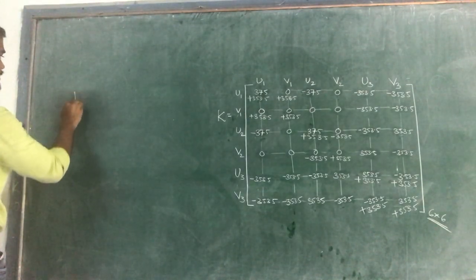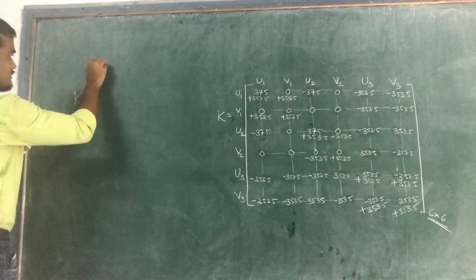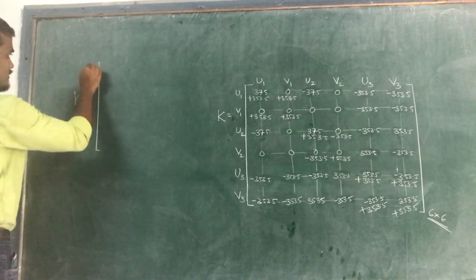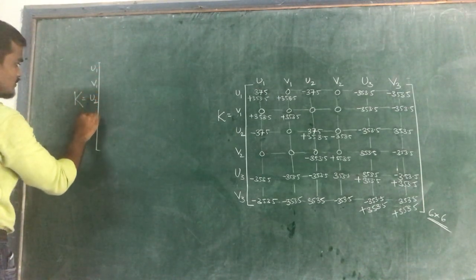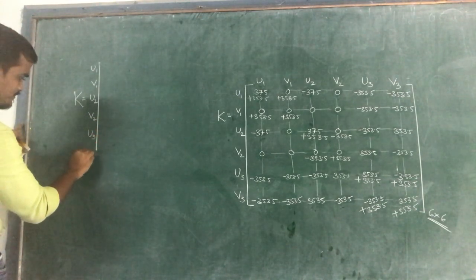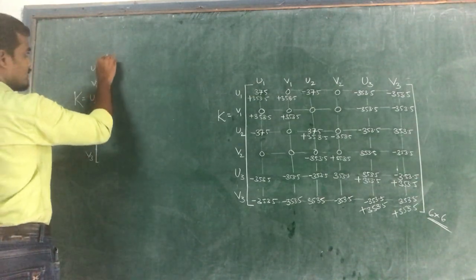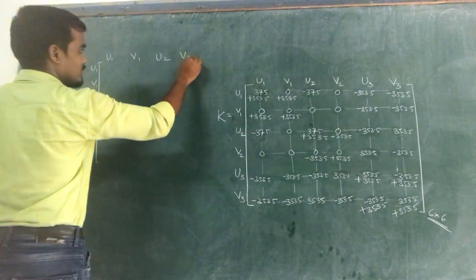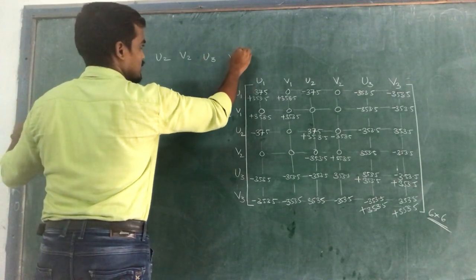So K is equal to, with rows and columns U1, V1, U2, V2, U3 and V3.